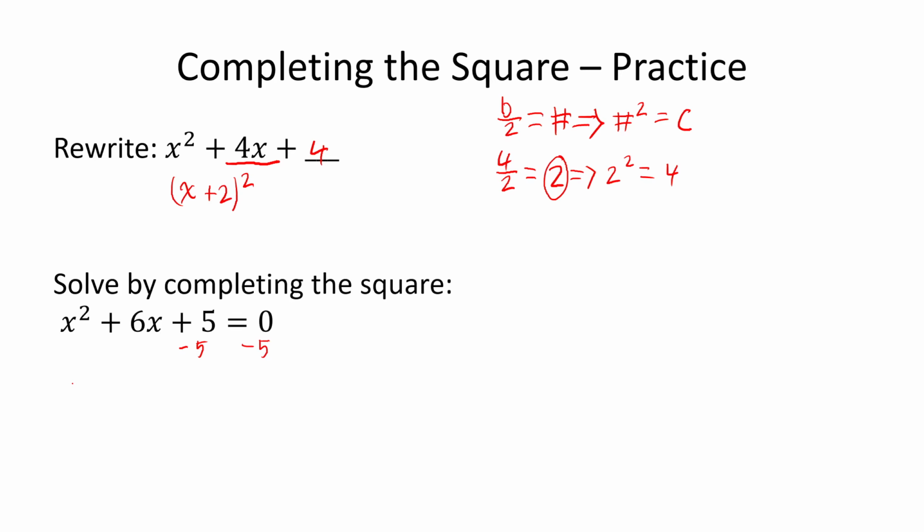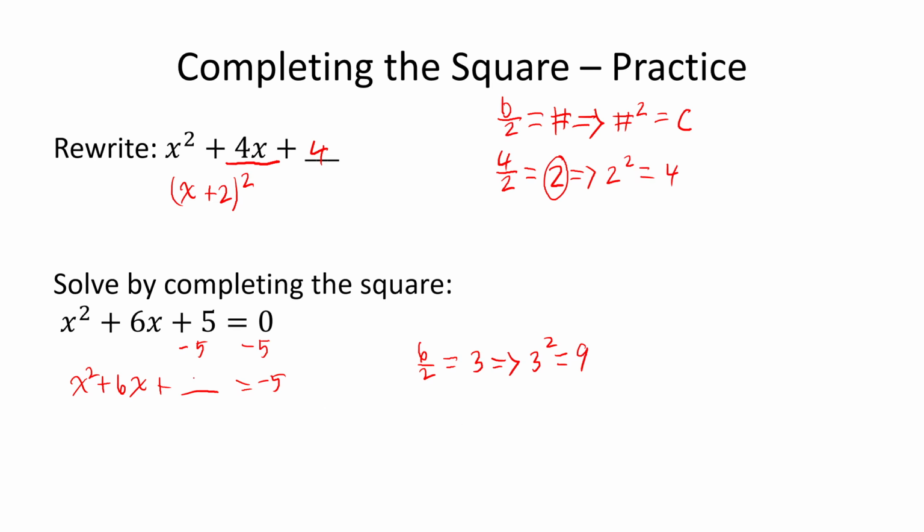And then what we do is we get x squared plus 6x plus, we're going to leave a blank, equals negative 5. And I want to fill in that blank, kind of like how we did up here. So we're taking our b, that's 6. And once again, 6 divided by 2 is equal to 3. That 3 squared is equal to 9.